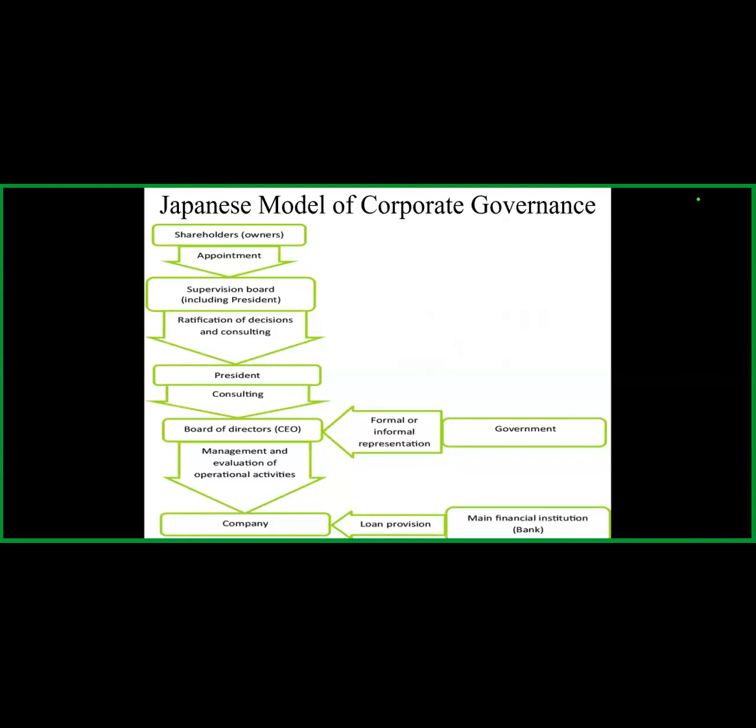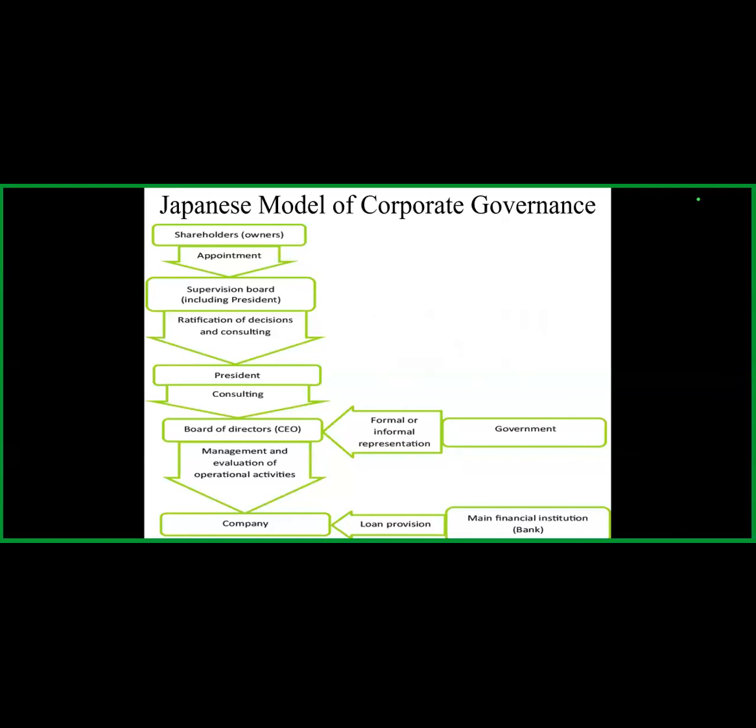The rules may be different in India, the rules may be different in China, the rules may be different in other countries. So this supervision board can provide good suggestions, good consultancy to the executive board, to the executive management of the organization.